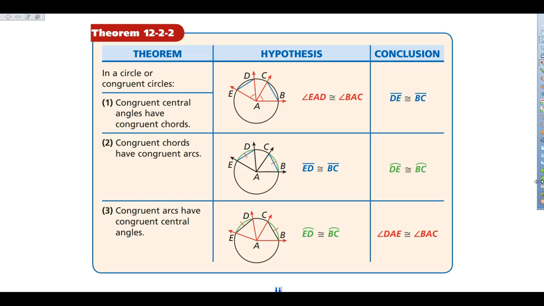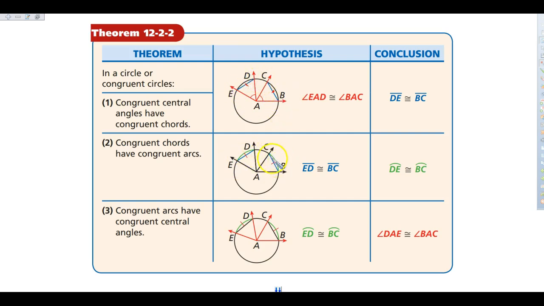All right. What we have here is within one circle, or this also works if I have one in each circle and I have 2 congruent circles, okay? So if I've got 2 congruent circles and I have 2 central angles in each, or 1 central angle in each one, all of this information works the same way. So if my central angles are congruent, then what this is saying is that the chords that are contained with those angles are also going to be congruent.